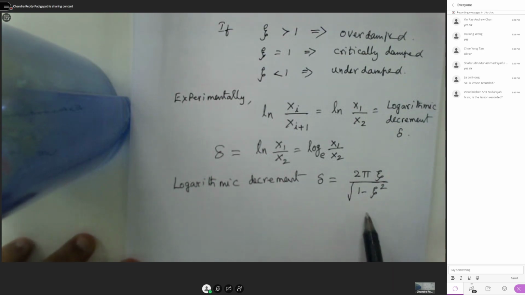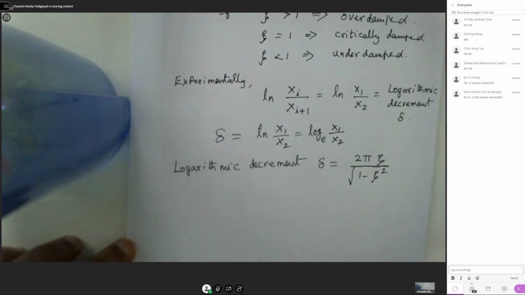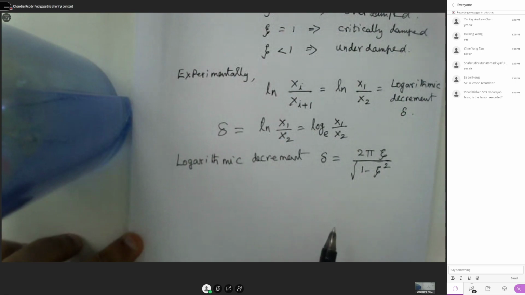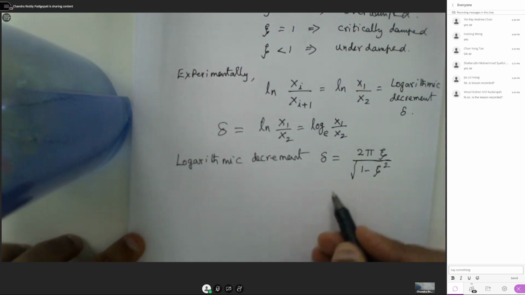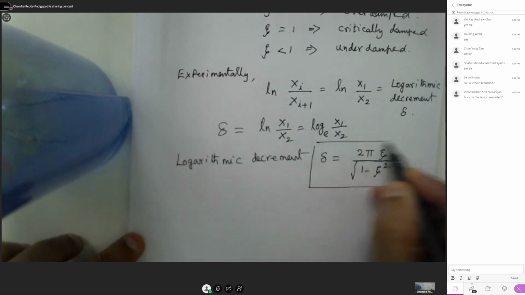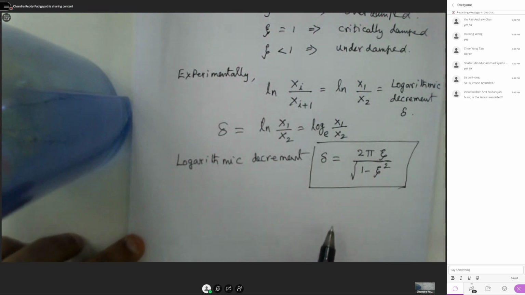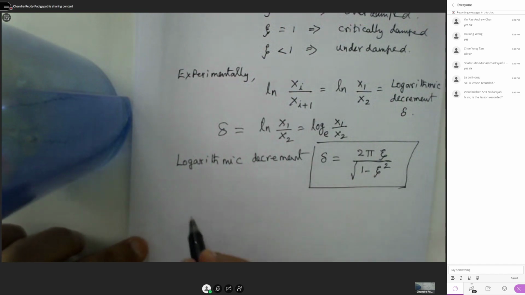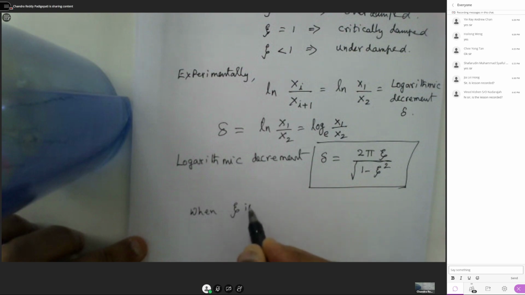Generally, I want everybody to scribble out so that you feel some ease in writing the equations. One time writing is equivalent to 5 times reading. All right, so this is how the logarithmic decrement is related to the damping ratio eta. But we can simplify this expression when eta is small.